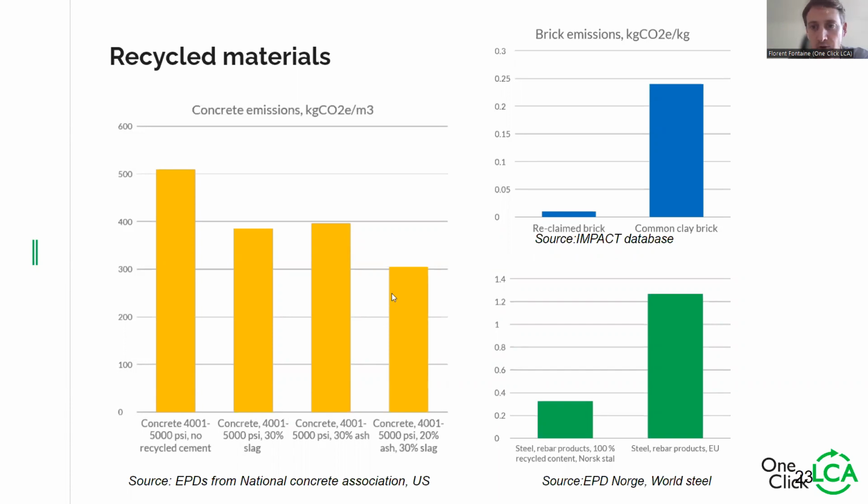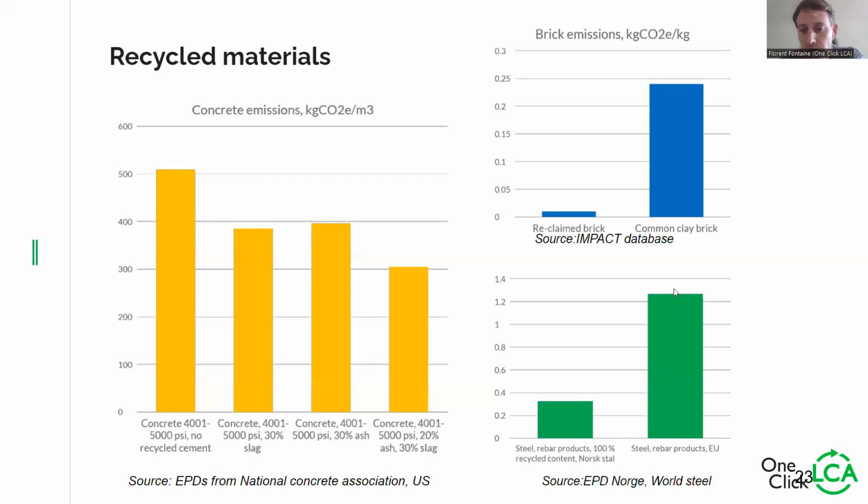emissions from your concrete. Another example here for bricks, we have the comparison between a common clay brick and a reclaimed brick, so a brick that is reused from another job site. And you see here that this brick has almost no impact because you only consider the fact that you are getting it from somewhere, transporting it to another job site, and reinstalling the brick for our new job site.